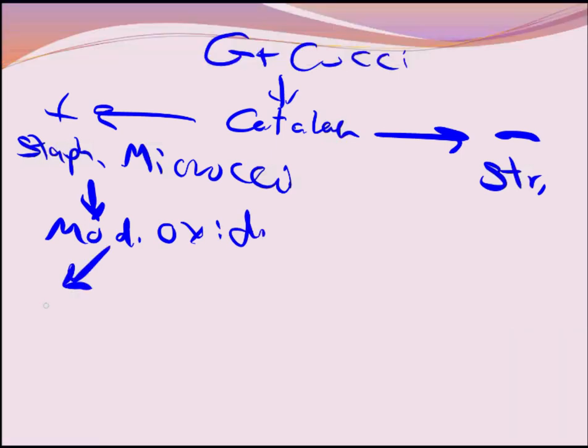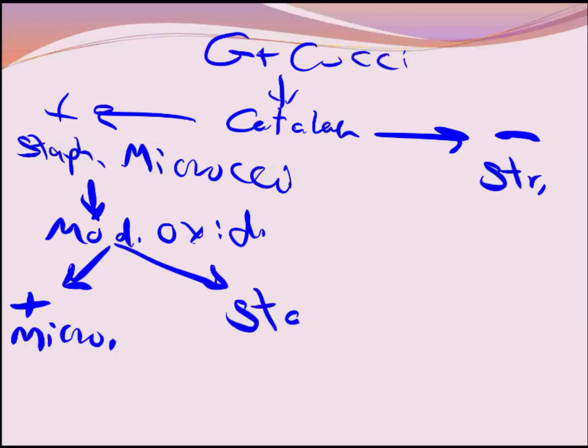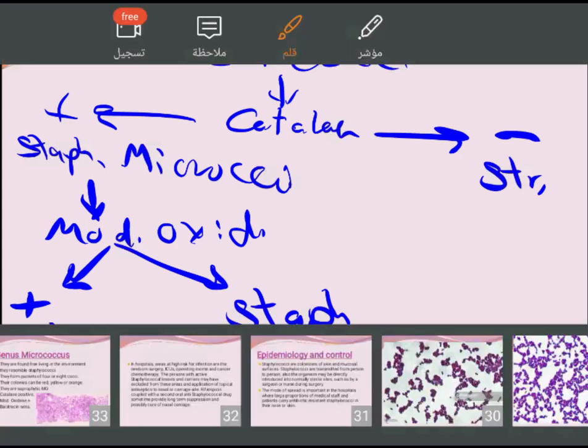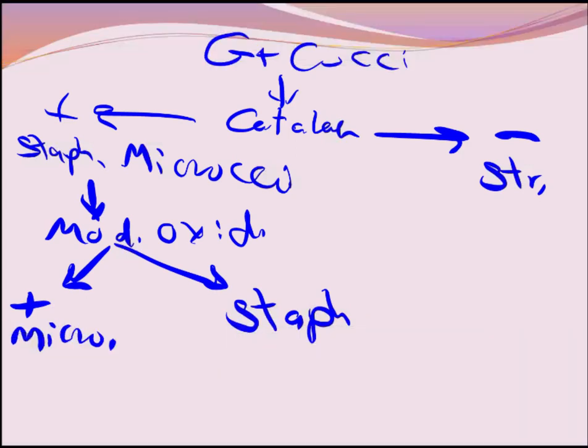If it is positive, the microorganism is Micrococcus. If it is negative, the microorganism is staph. The staphylococci are differentiated by different biochemical tests, including the coagulase enzyme. When it's positive, it is Staphylococcus aureus; when negative, other coagulase-negative staphylococci.